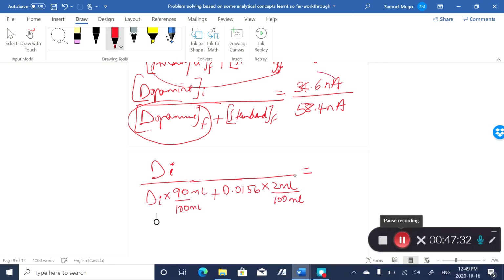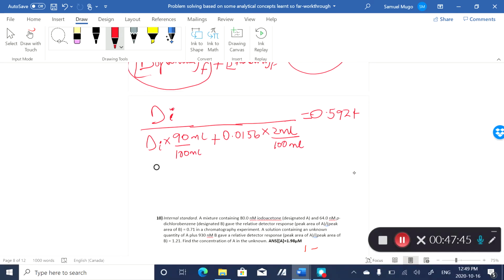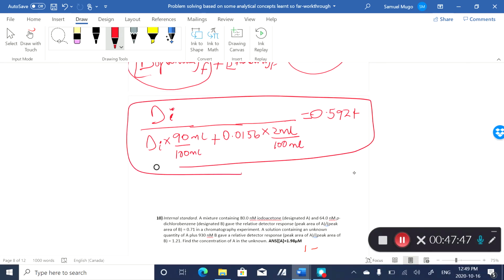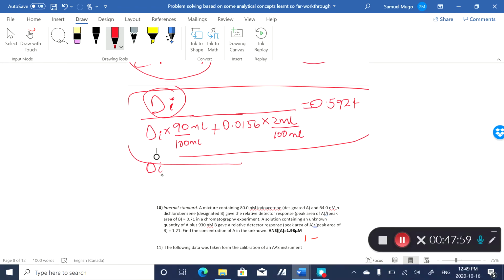And then of course the relationship here, when you get that ratio, it will be 0.5924. And so you can now solve this relationship because the only thing that is not known is the dopamine initial. If you extend this problem, it's going to be 0.5924, and then of course you take this and multiply on this other side.